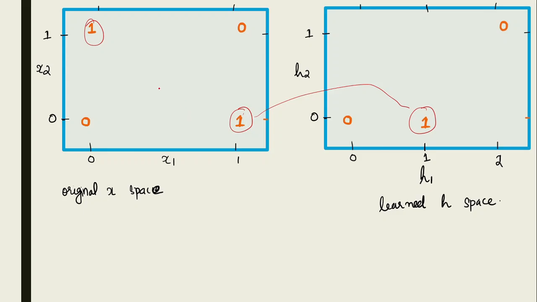So instead of these two, we converge them into a single point in this learned space, and the other two points are the same, 0.